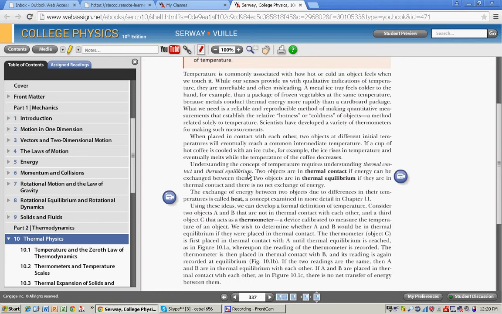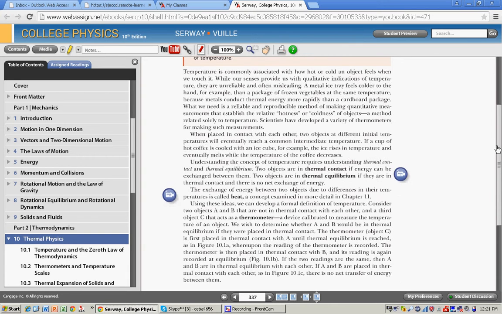If you calibrate that thermometer, you can use it to establish temperature. Then you take this thermometer and stick it into the other environment, and you can compare and see if these two environments are at the same temperature, or if they store equal quantities of energy. If they don't, when you place them together, they will exchange energy and will thermalize.